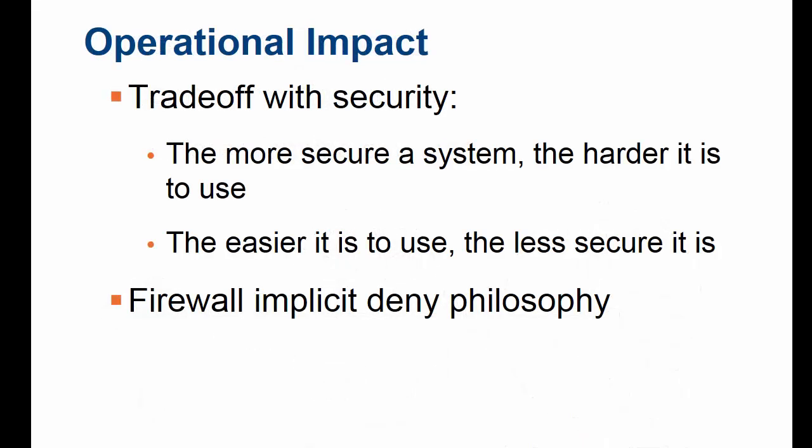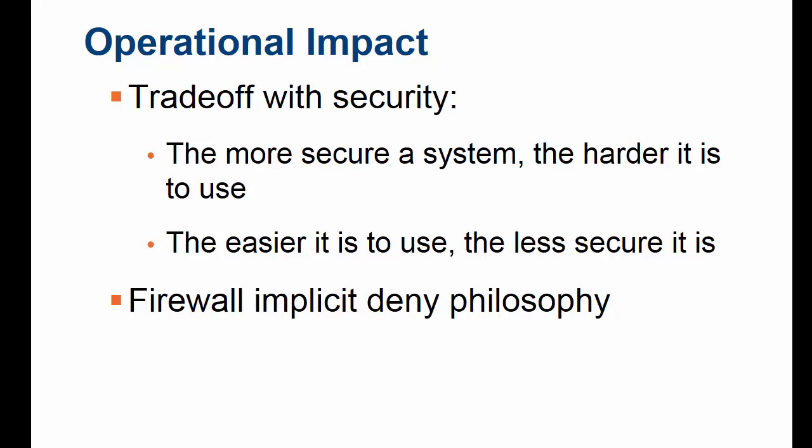The operational impact: there's a trade-off with security. The more secure the system, the harder it is to use. As I mentioned before, my risk management instructor once said, if it's 100% secure, then it's probably 0% operational. There's nothing wrong with getting it as secure as possible, but then you may lose some functionality, whether it's speed, processing time, whatever.